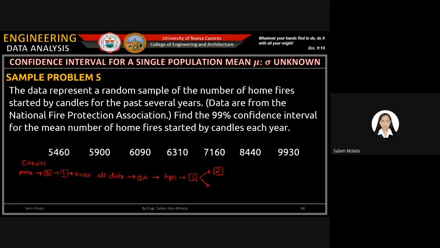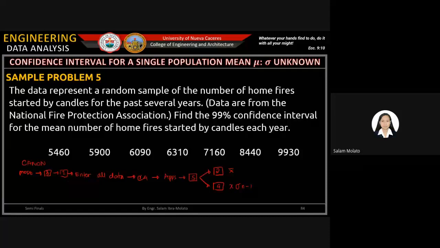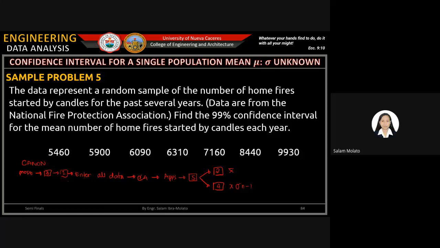For the sample standard deviation, or S, you press 4. The format shows N-1, and N-1 is for the sample standard deviation. The 3 there, without the -1 on the N, is the sigma, or the population standard deviation.